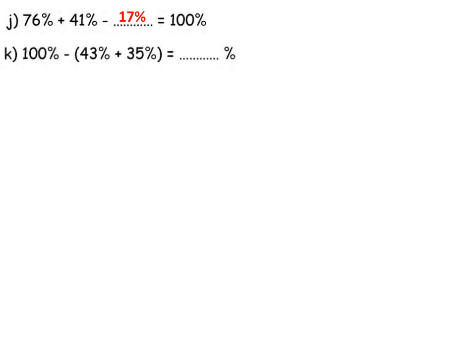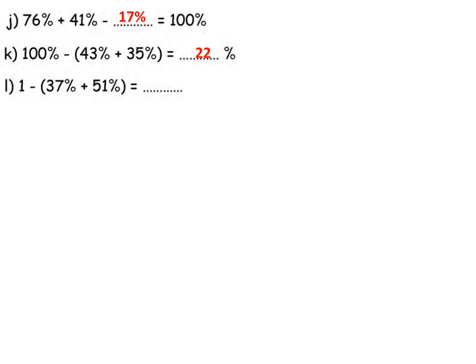Letter K, 100% minus 43% plus 35%. Firstly, we will add the two percentages in the brackets. 43 plus 35 will give me 78%. 100% minus 78% will give me 22%. Okay.